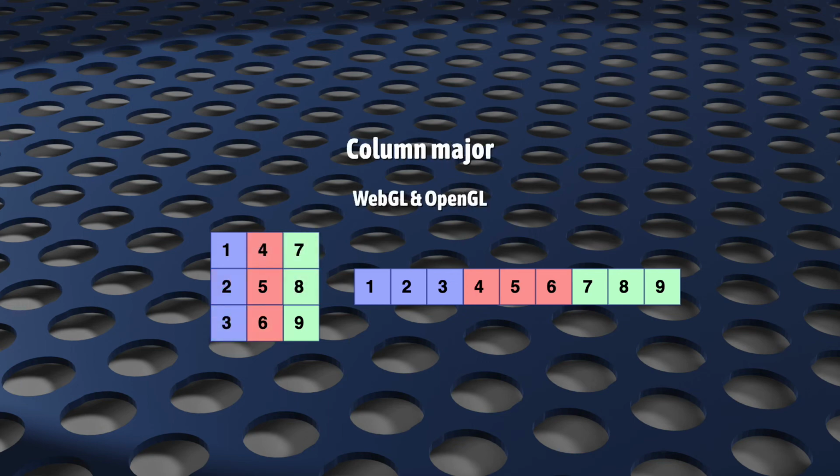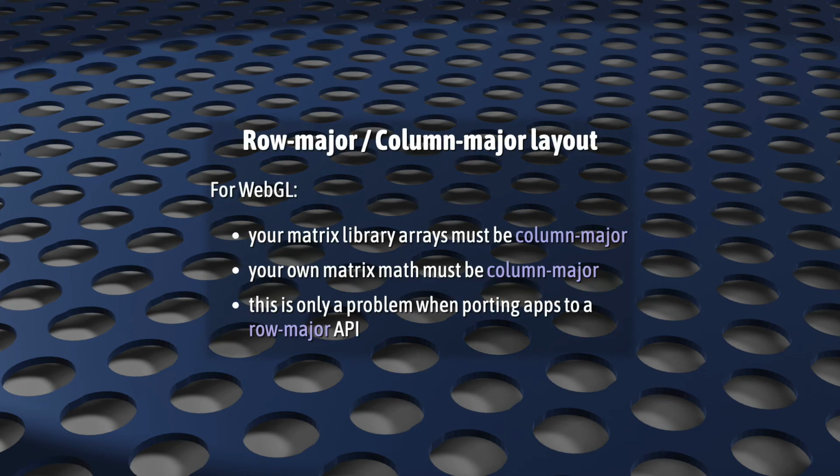OpenGL and WebGL choose a method called column major, where the numbers are laid out like this. All this really means practically is that if you're using WebGL, your matrix math library must produce arrays that reproduce this memory layout. If you want to write your own matrix math library, you have to produce arrays with this memory layout. That's it. Once you've done it, you're done.